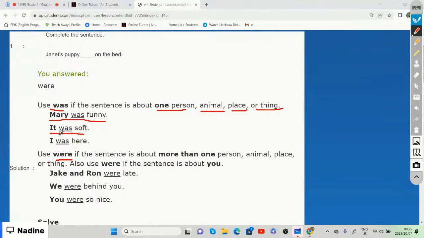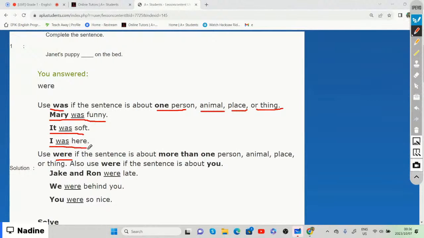Could have been yesterday, could have been this morning, was soft. And I was here. So I being one person was here. When were you here? I was here yesterday. I was here last week. I was here. Right? So that refers to one person or one animal or one place or one thing. That is when we use was.